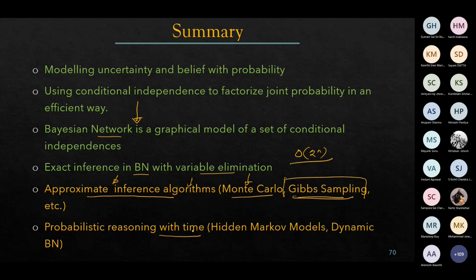Whenever we try to include time or sequentiality in our Bayesian network, we need a different kind of computation. Those computations are done using models like hidden Markov models or dynamic Bayesian networks. So with this, I would like to end this module.